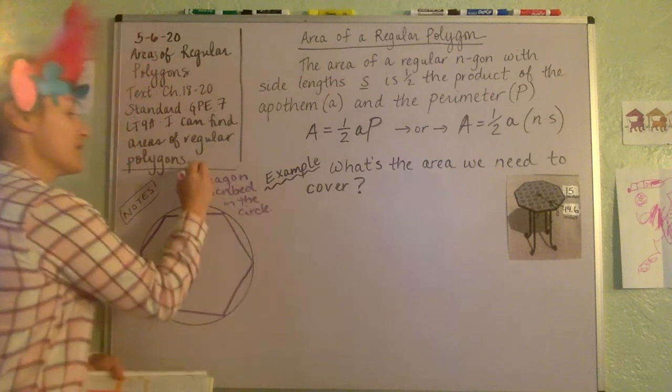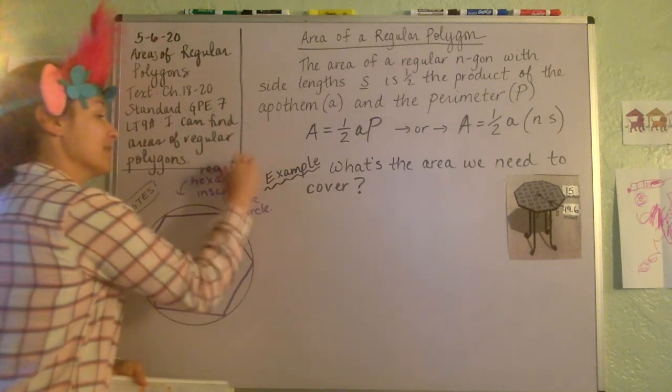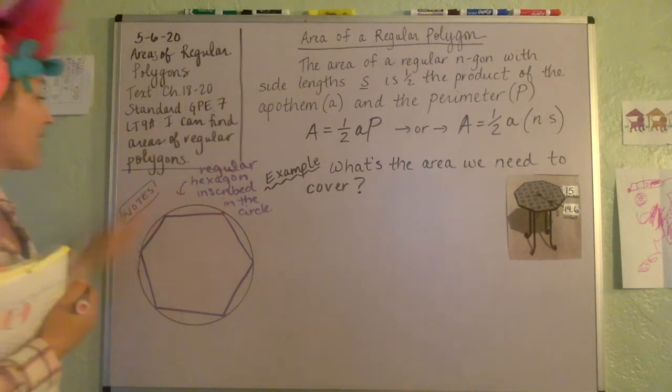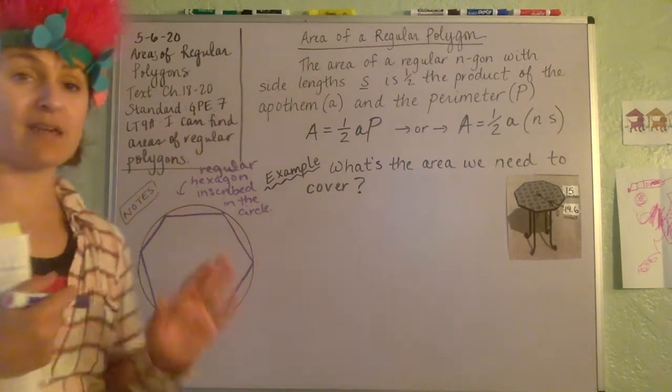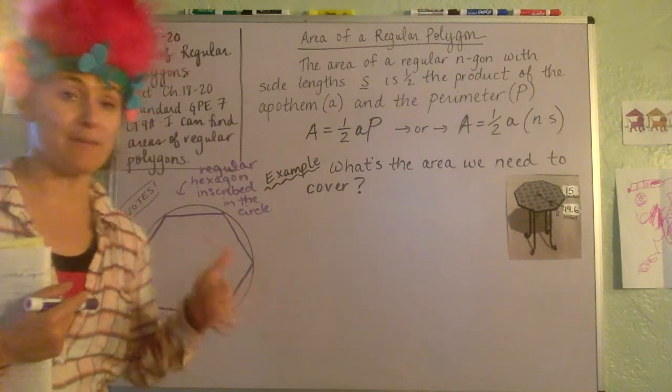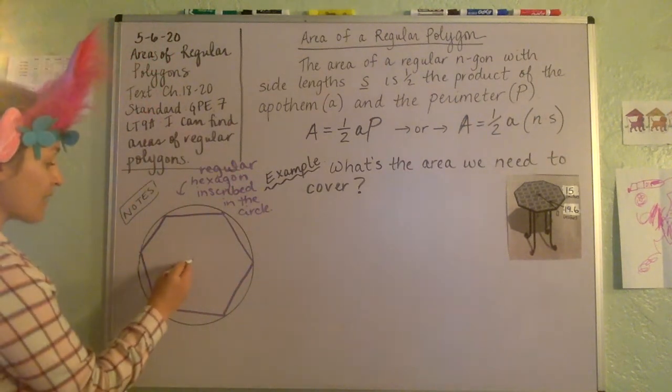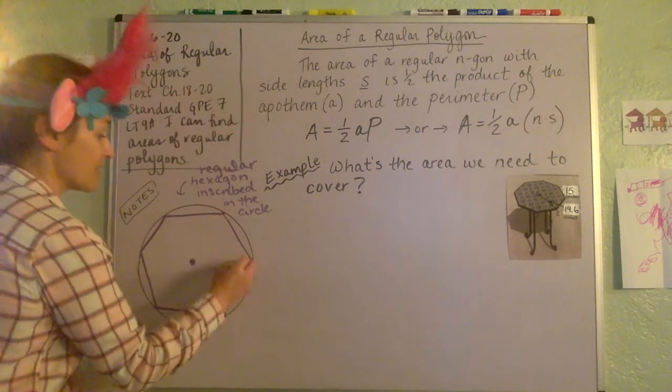I also want you to assume that it's regular. When we talk about a regular polygon of any number of sides, that means that all the sides are the same. That's what regular means.